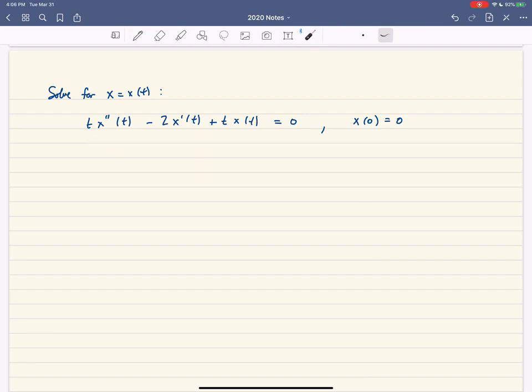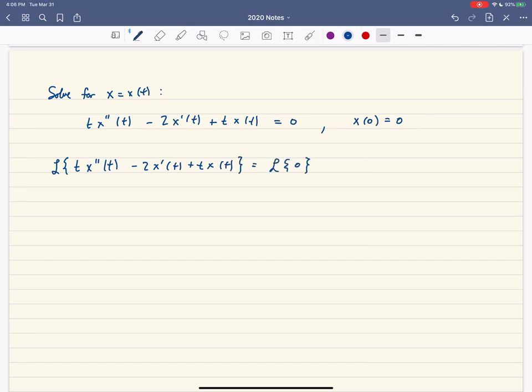So I want to walk through all the steps. And what we're going to do to start with is take the Laplace transform of both sides. We're going to have the Laplace transform of t x double prime minus 2x prime plus tx, and that's going to be equal to the Laplace transform of 0.